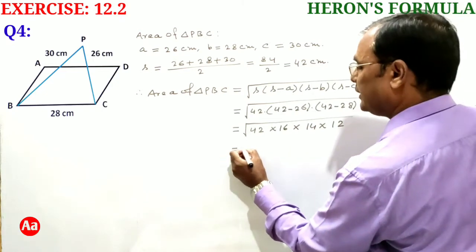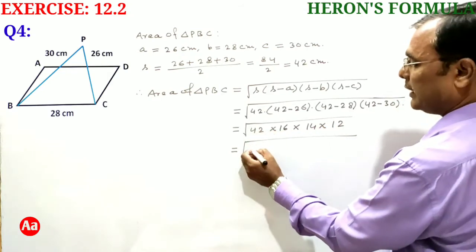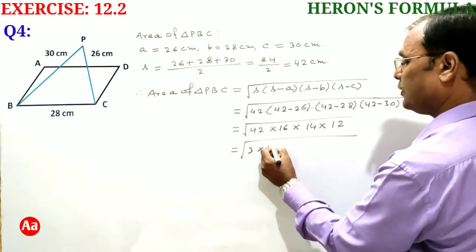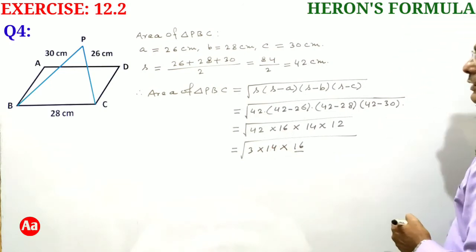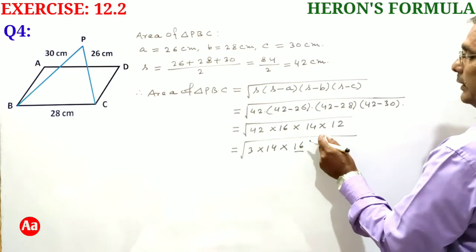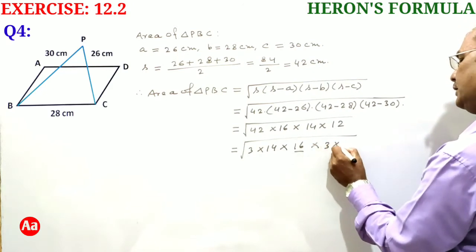42, let's write it as 3 into 14. This 16 is already a perfect square number. This 12 we can write 3 into 4.